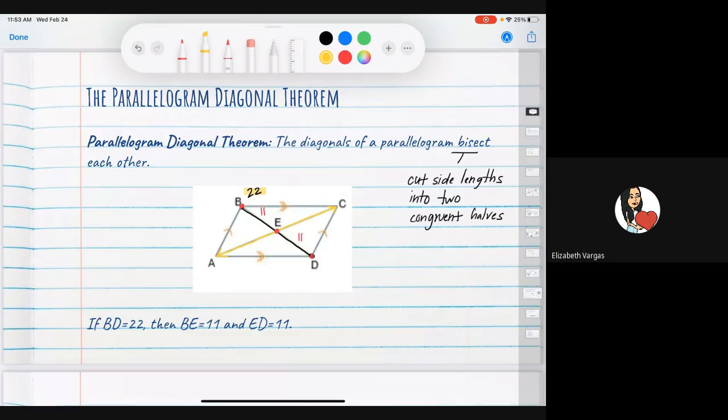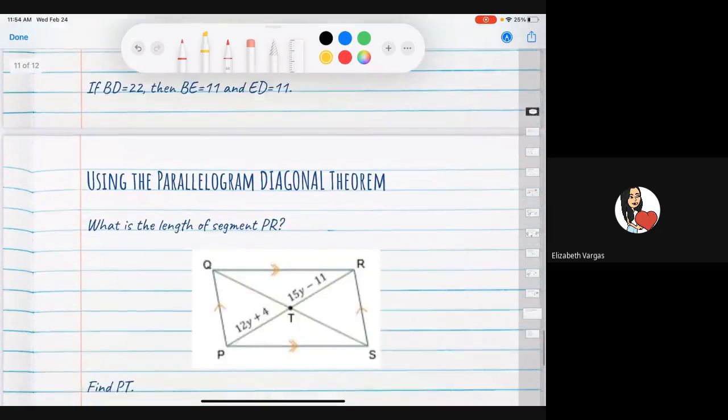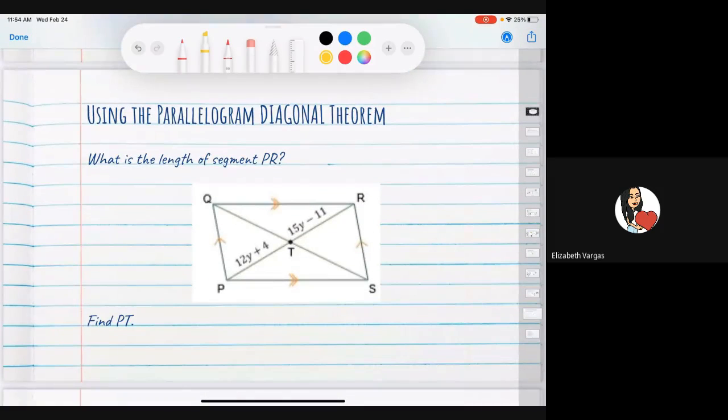Okay. Any questions about this before I do an example? Questions, concerns? Okay, so an example. This one's asking us to find the measure of side length PR, so the entirety of the side length. Well, what do I know about these two halves?